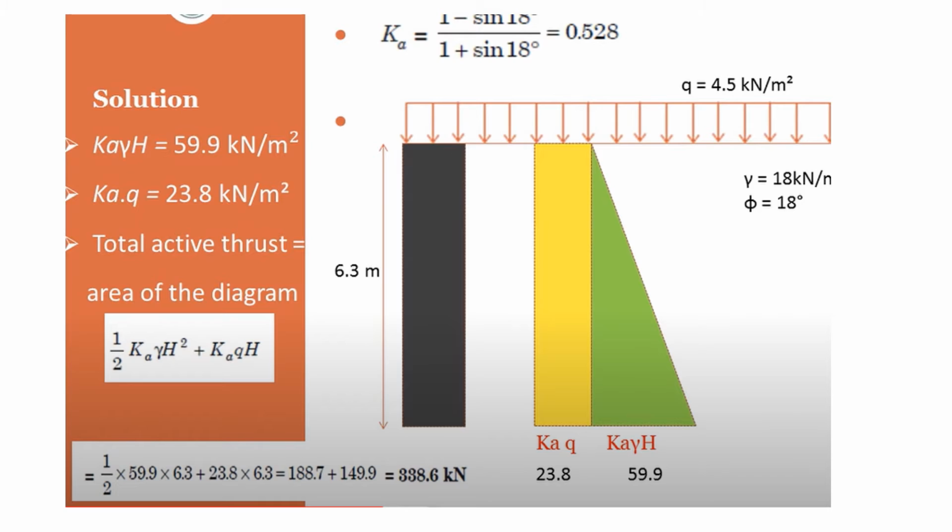And for this we have to sum up the areas of the rectangle as well as the triangle. The area of the triangle is given by half b h, and the base value is Ka gamma h, that is 59.9.